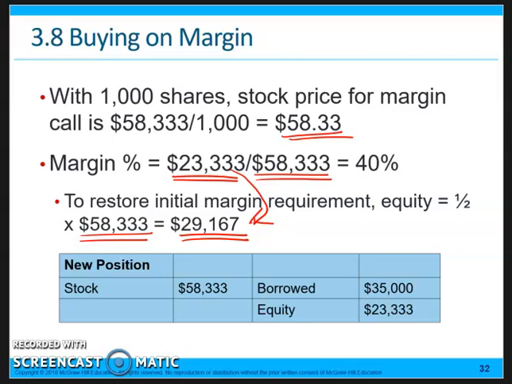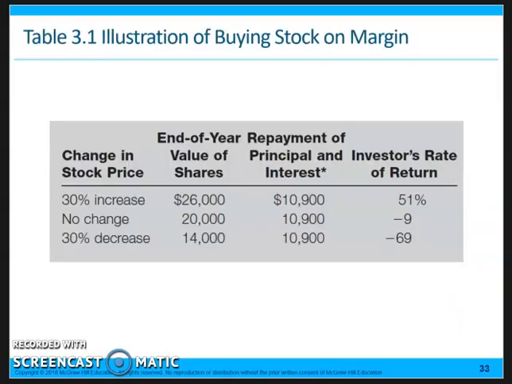We have the position value. The amount borrowed again doesn't change, but we're showing our 40% margin with the $23,333 of equity. The next slide gives you an idea of illustrations of buying on margin.